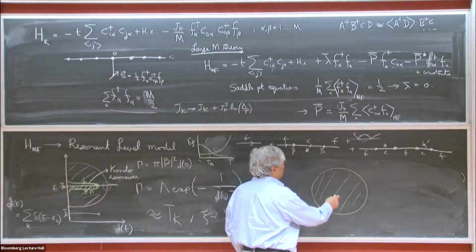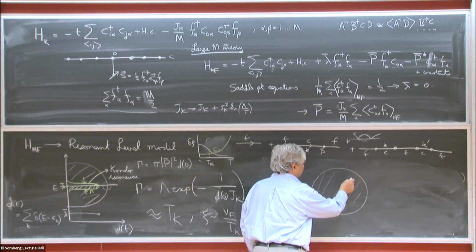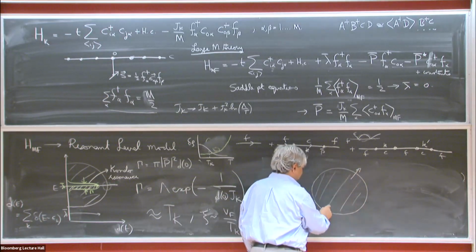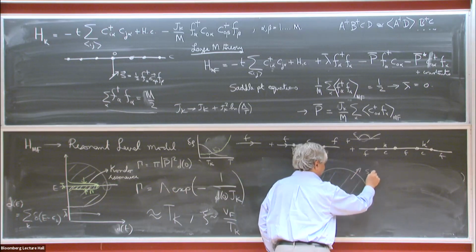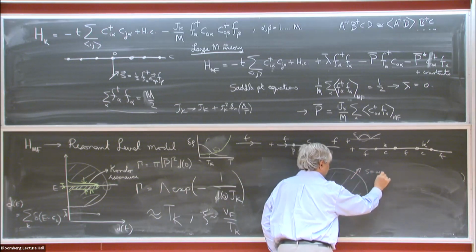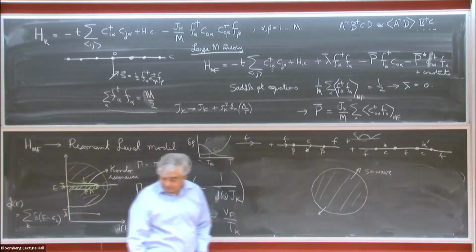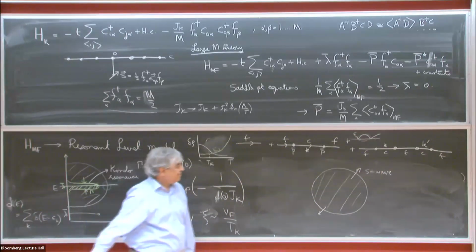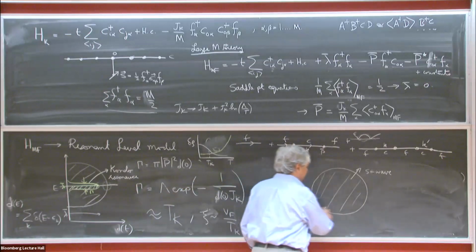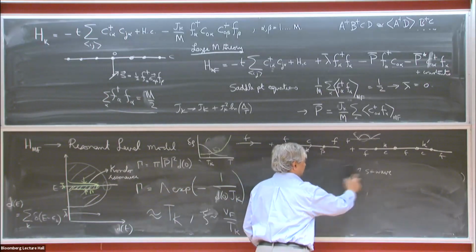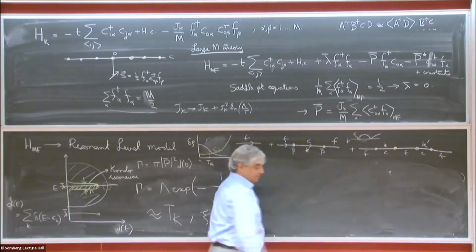So the first thing you do is you just only look at the radial motion in S wave. So you take only S wave particles and you just look at the radial motion. So you can replace the whole three-dimensional Fermi sea by a one-dimensional Fermi sea because you're only looking at the S wave channel.